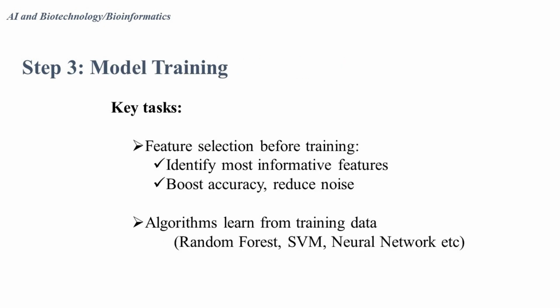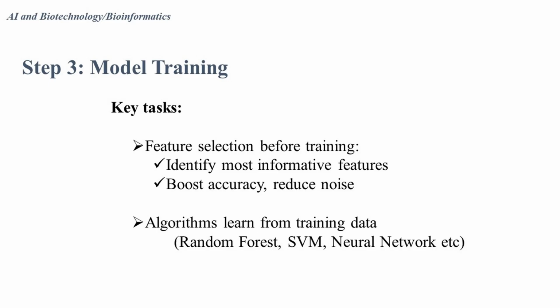After that, the third step is model training. This is where algorithms like random forest, SVM, or neural networks actually learn from the training data we provide. But before training our model, we prefer to perform feature selection, which helps to identify the most important features or variables that drive the classification task.